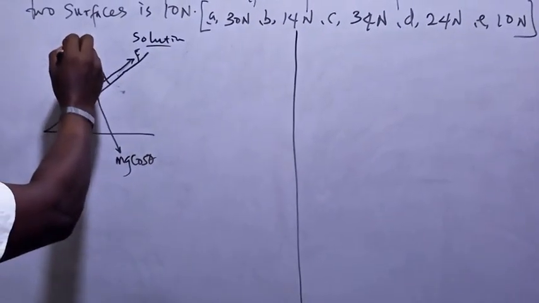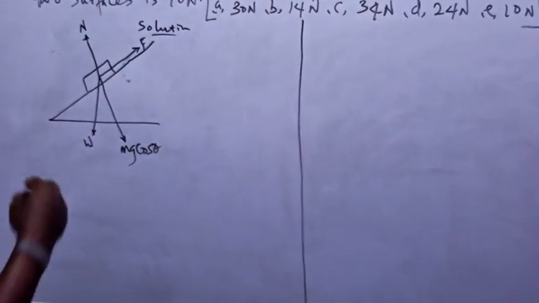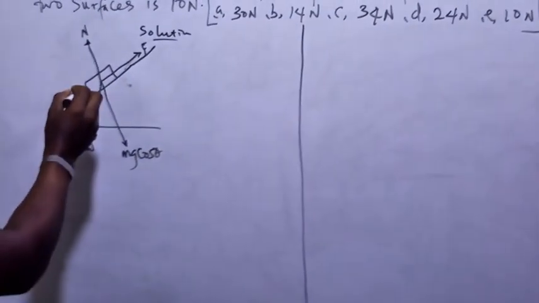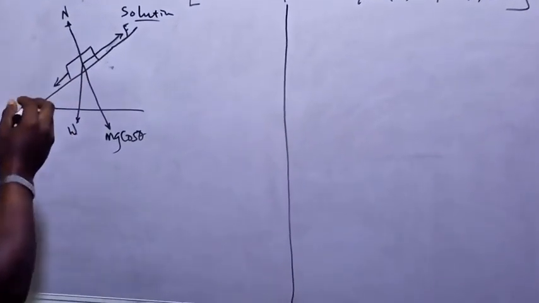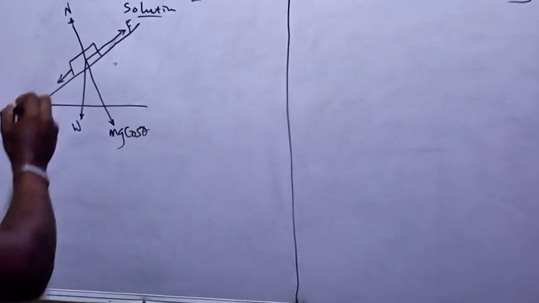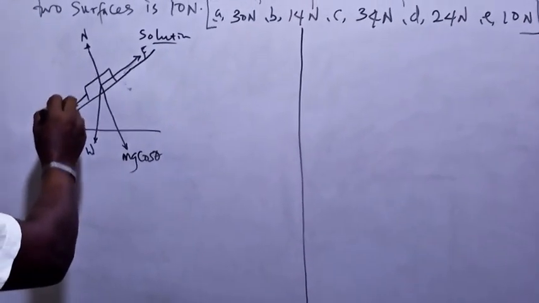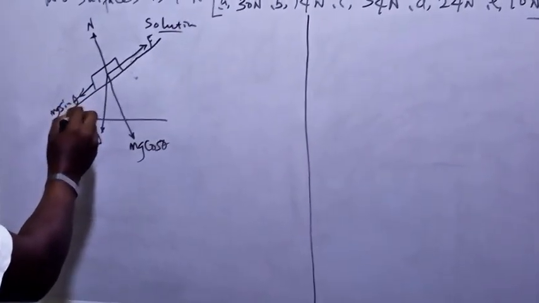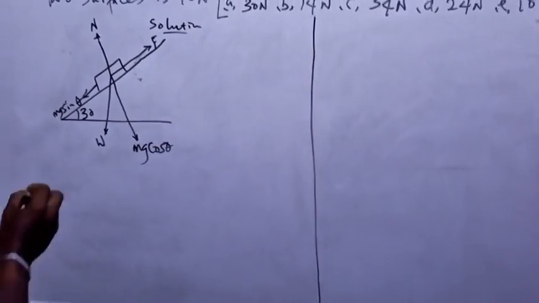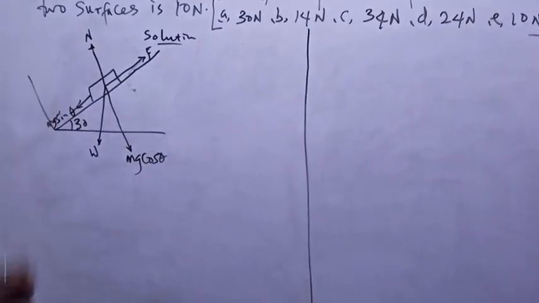This is the normal force acting upwards, keeping the body balanced on the slope. This is also the weight component tending to act down the slope, mg sine theta. This is angle 30 degrees, the angle to which it is sloping.